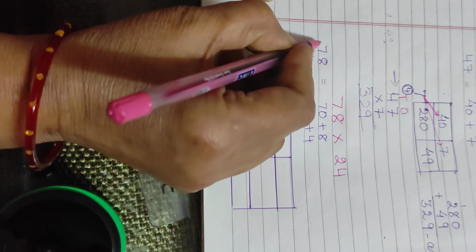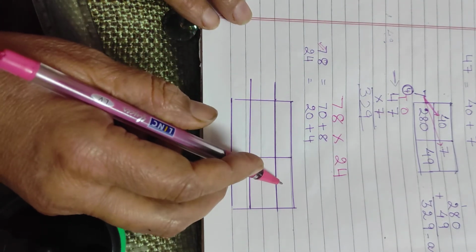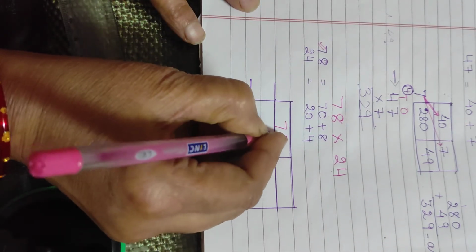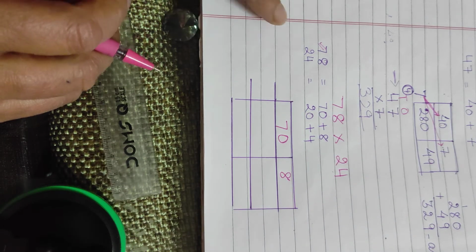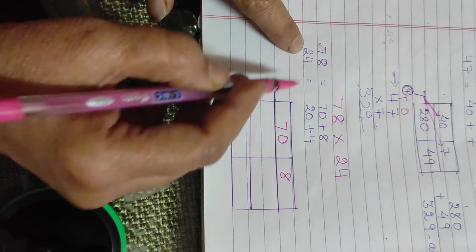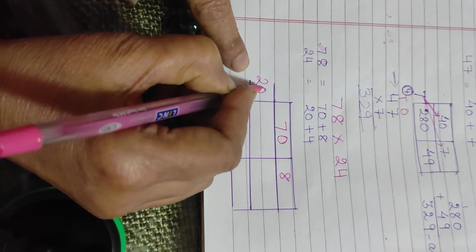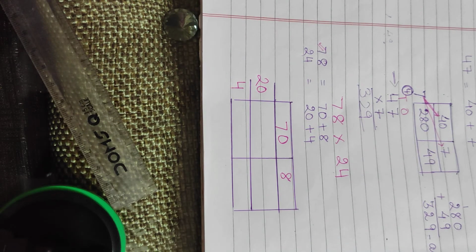Now this 78 will be written horizontally. So we will write 70 and 8. Now the expanded form of 24 will be written vertically, 20 and 4. Okay. Now what you have to do?